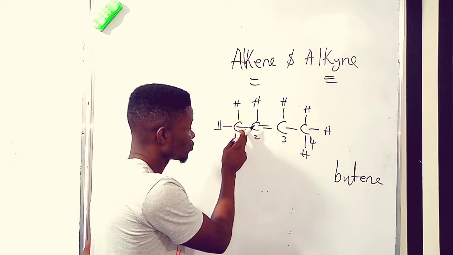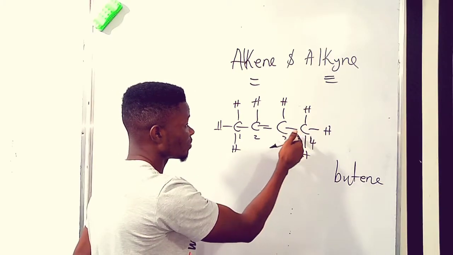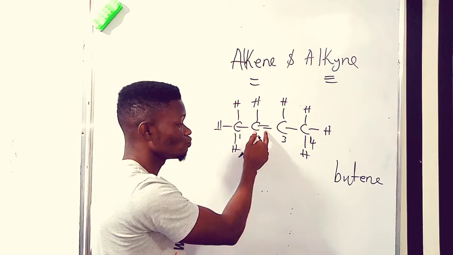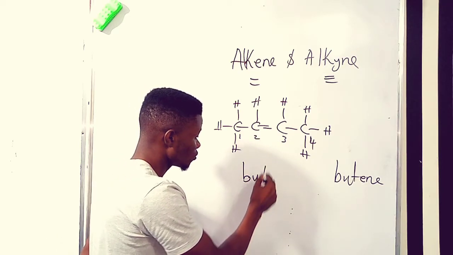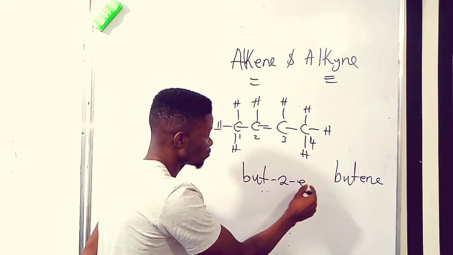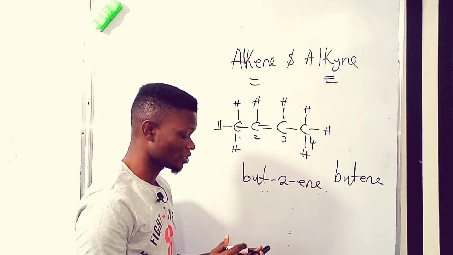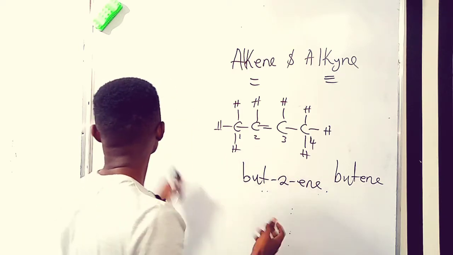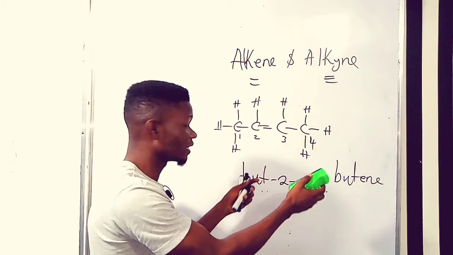Now this is position number 1, position number 2. Also counting from this side, position number 1, position number 2. So that means this will be butene. All right, so this is the perfect naming using the IUPAC system. What if we have other complex compounds that may be more complicated than this?